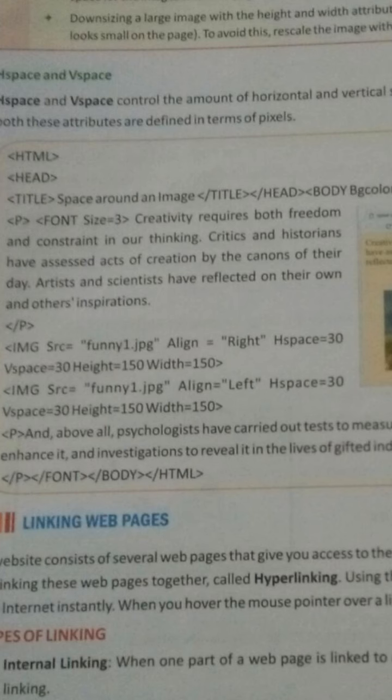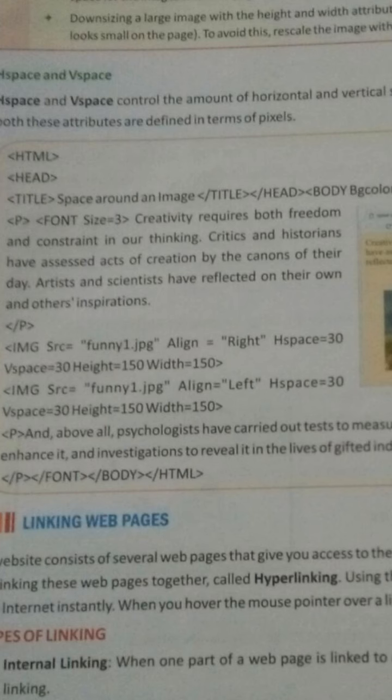After that, I told you about the align attribute yesterday, or the day before yesterday. I told you align equal right means the first image will come to the right side, and the next attribute is h space.